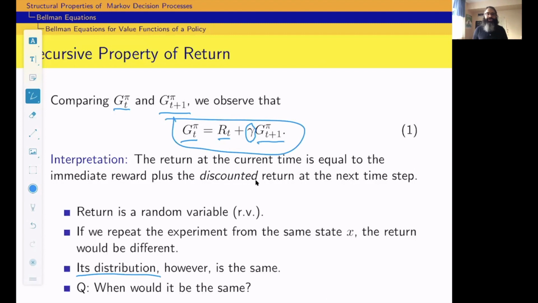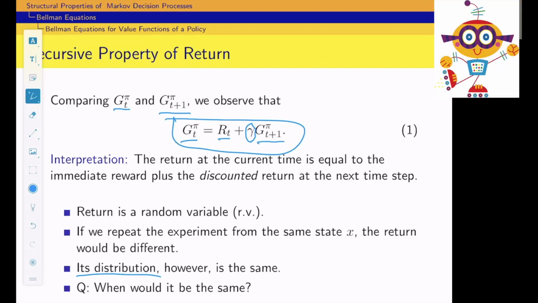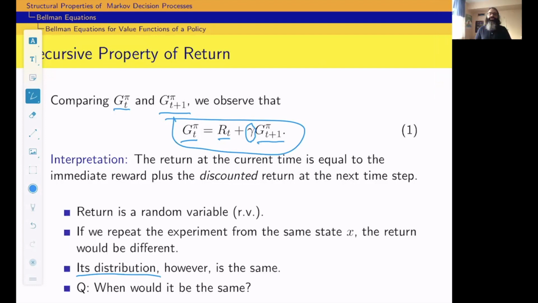One question: in different runs, different repeats, when would we get the same return in every run? Anyone willing to answer? When the policy is deterministic? Okay, if the policy is deterministic, the reward is also stochastic in general, so still random.